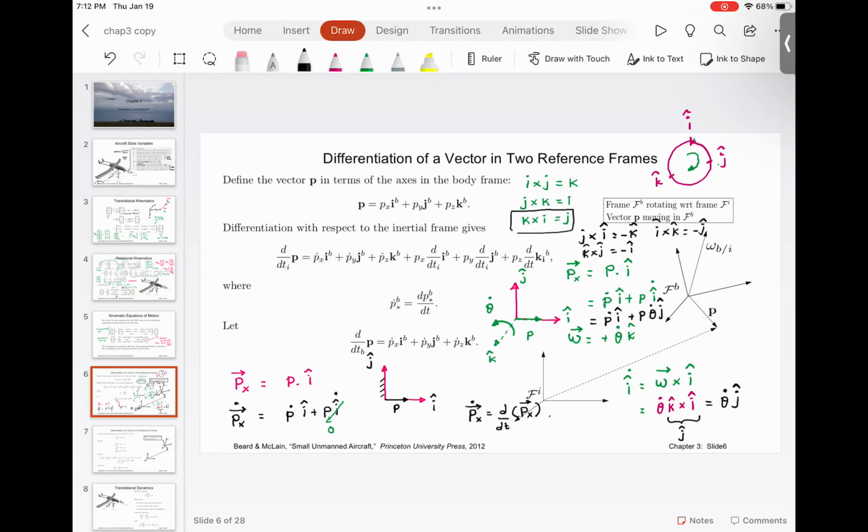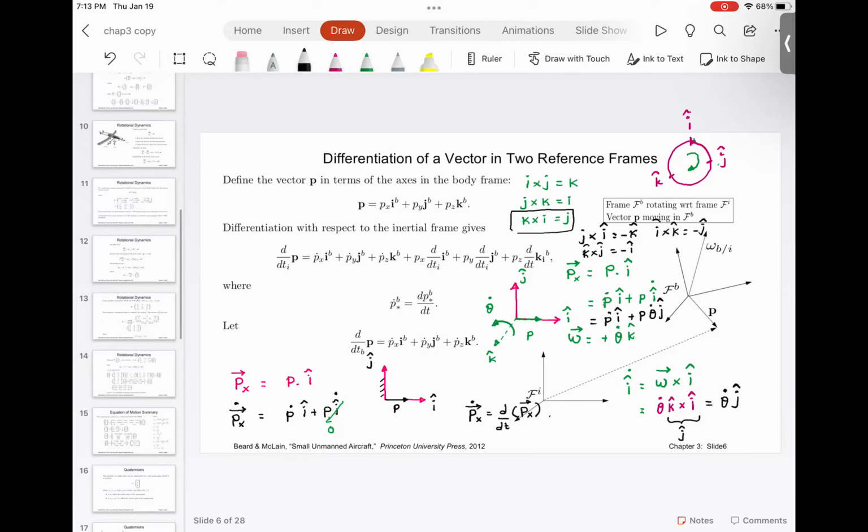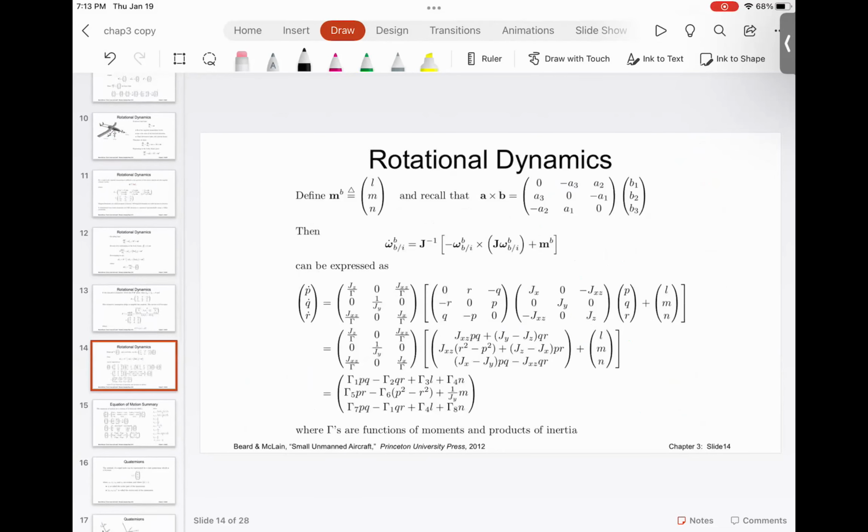Same thing, except instead of expressing the vector as Px, I would have an H vector, Hx, angular momentum about x. And then I'm going to take H dot x with the same logic. And you will see that a frame rotation will play an important role. And just to tell you, it's coming in the next class.